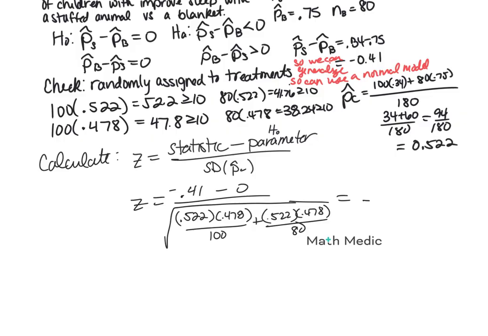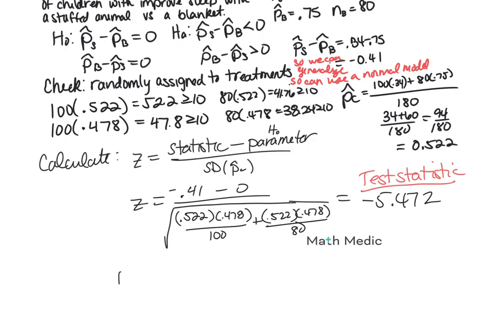And I get a z-score of negative 5.472. This is my test statistic. So when it's asking about a test statistic, that's a z-score.